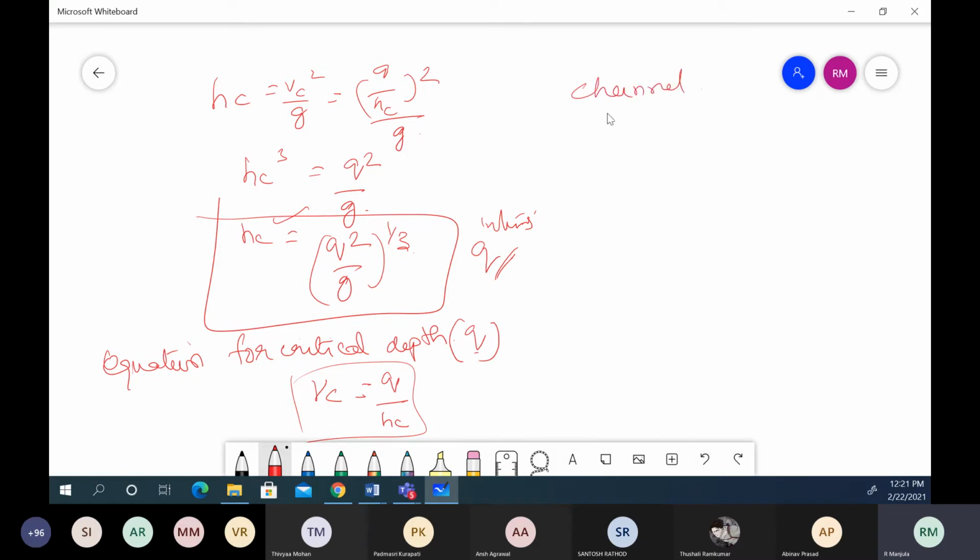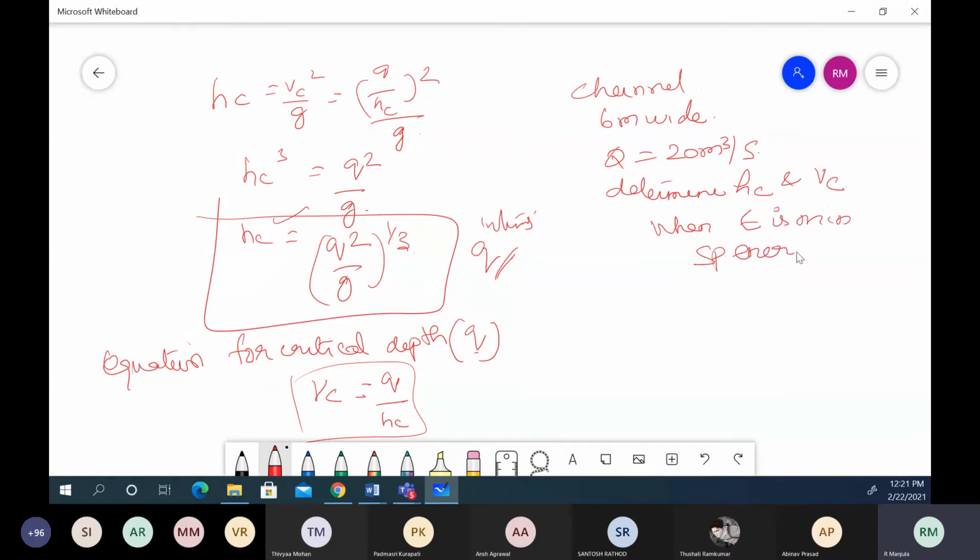Now I'll give you one problem. A channel 6 meter wide and the discharge is 20 meter cube per second. Determine HC and VC when E, the specific energy, is minimum. Can you tell me the answer?